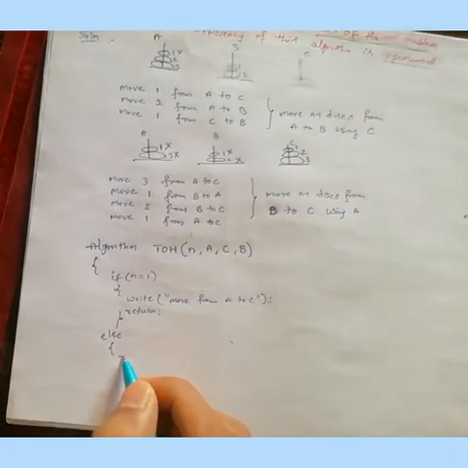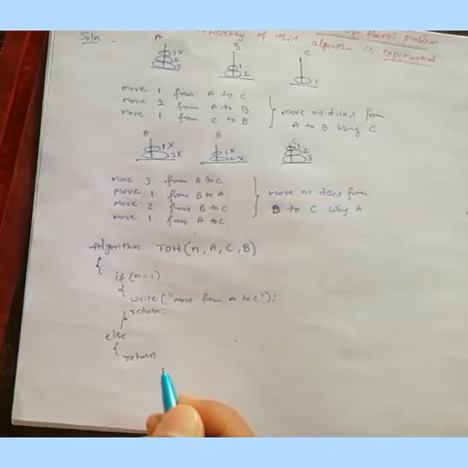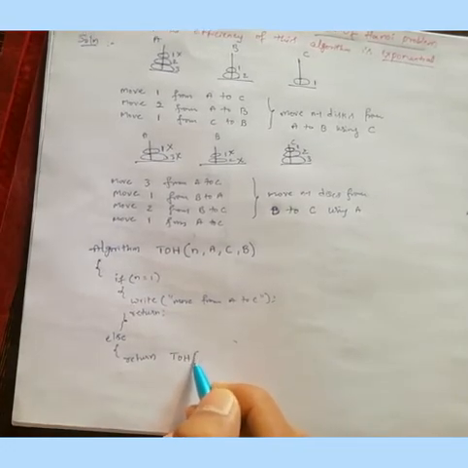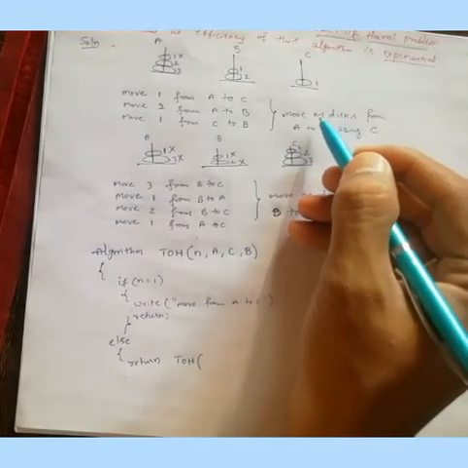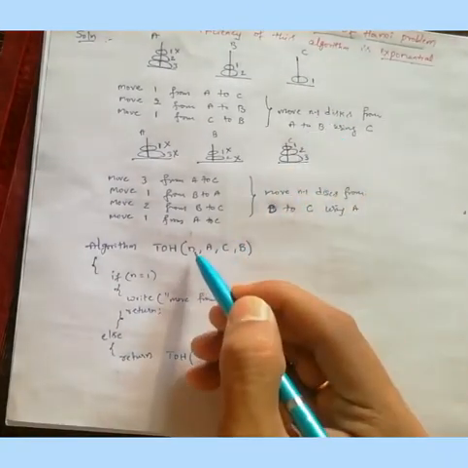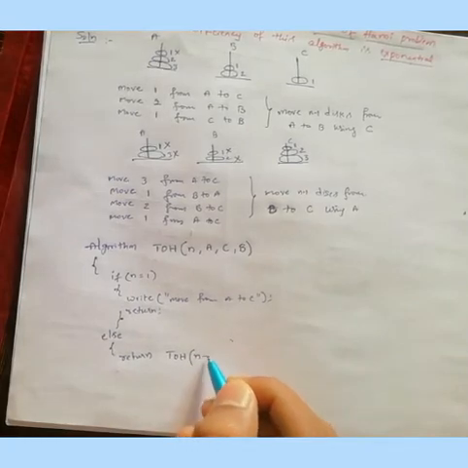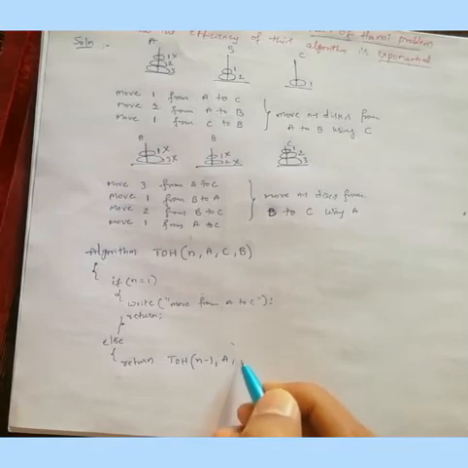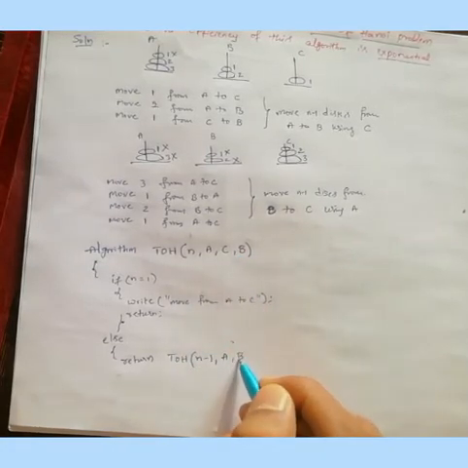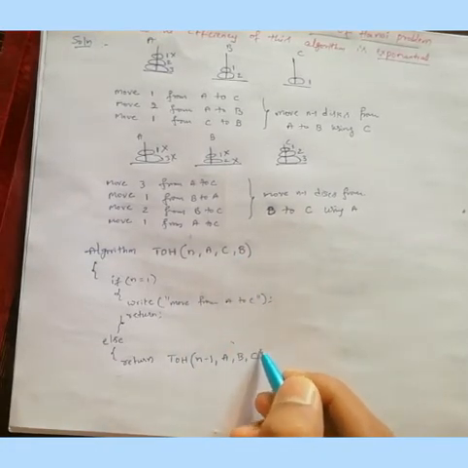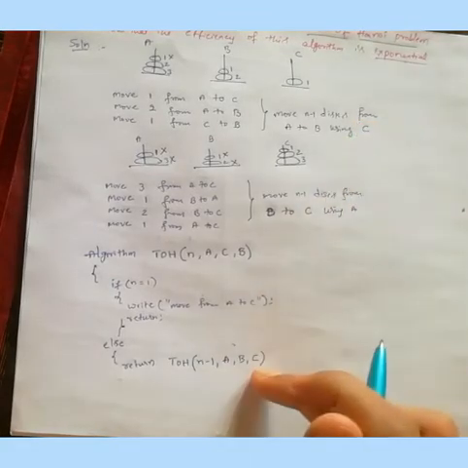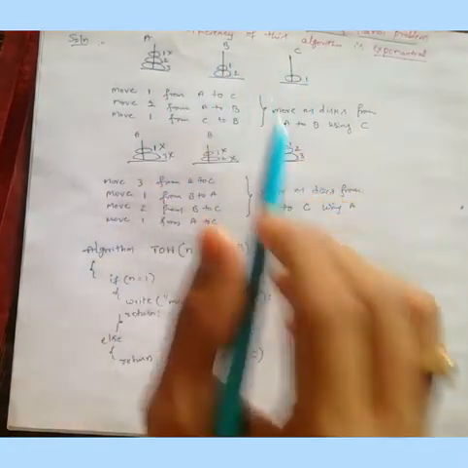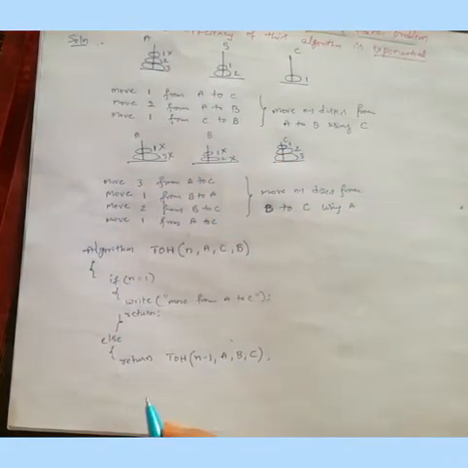That means by calling the same function. How many disks are you moving? N minus 1 disks. Instead of n, you are now moving n minus 1 disks from A to B by making use of C. From A to B by making use of C. Close this.